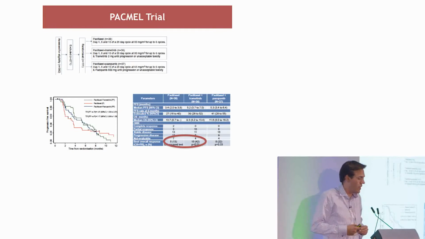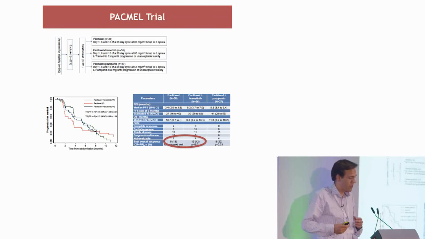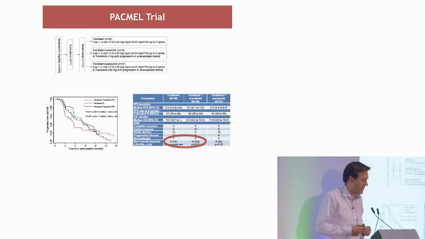And what this showed was that patients who had the MEK inhibitor trametinib alongside paclitaxel had a better progression-free survival. In other words, that combination slowed the melanoma down better than paclitaxel alone.